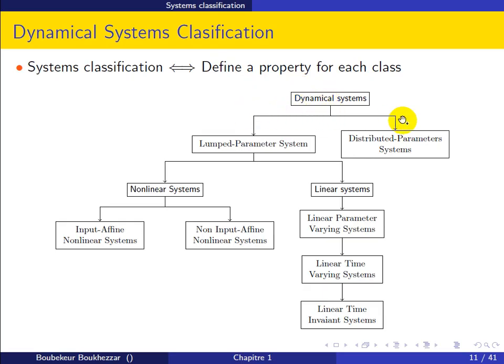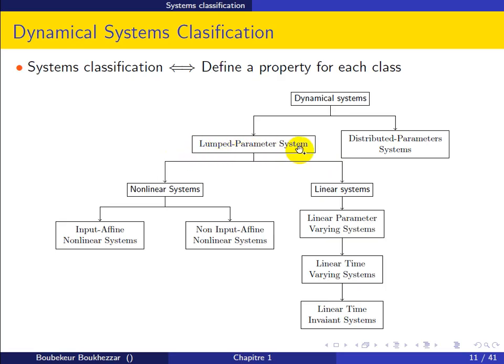We have two kinds of differential equations. Distributed parameter systems are described by partial derivative equations, like the heat equation or the Navier-Stokes equation in fluid dynamics. And we have lumped or localized parameter systems. In this case, the system is described by ordinary differential equations.